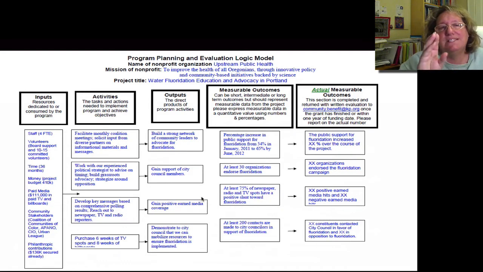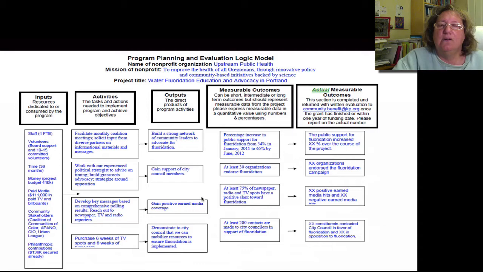But those don't really, they say these things, but that's not a real change in people's lives. So by way of outcomes, what they asserted was that they were actually going to increase public support for fluoridation. They were going to get lots of organizations to endorse it. They were going to increasingly influence the way the issue got discussed.